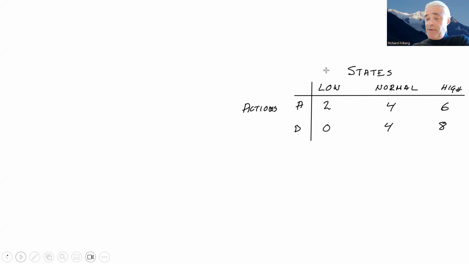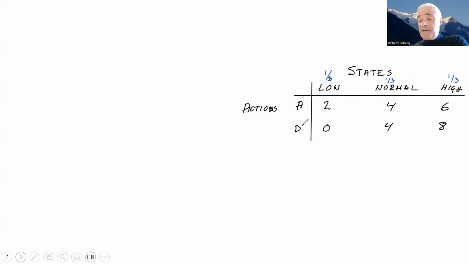Say that probability is 1/3 for the low state, 1/3 for the normal state, and 1/3 for the high state. Okay, then these two actions have the same expected outcome. So a risk-neutral decision maker would, under these conditions, be indifferent between the two.